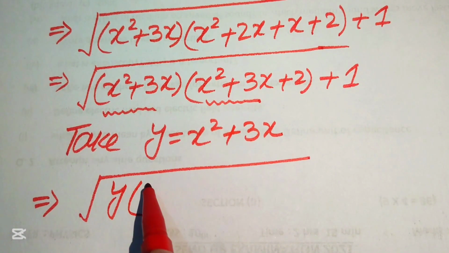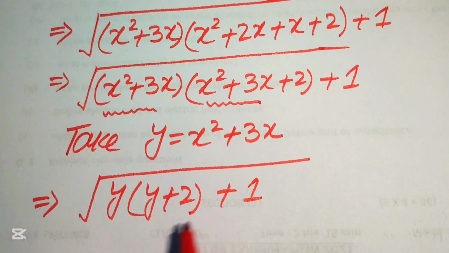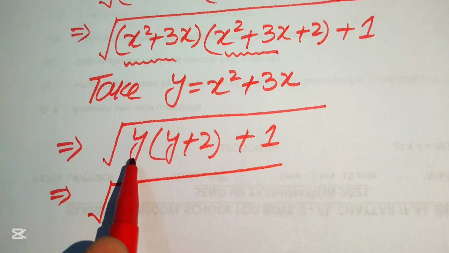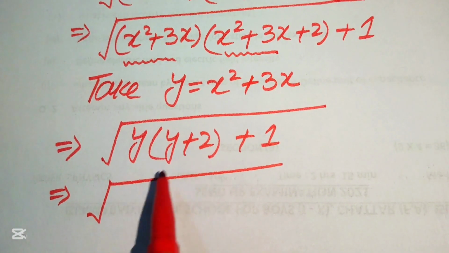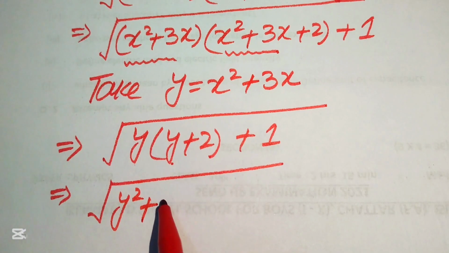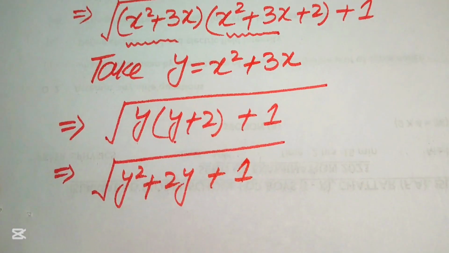It will become y times of y plus 2 and plus 1. So now here we need to multiply this value of y on these two terms, and it will be written as y times of y becomes y square, y times of 2 becomes 2y, and this is our plus 1.